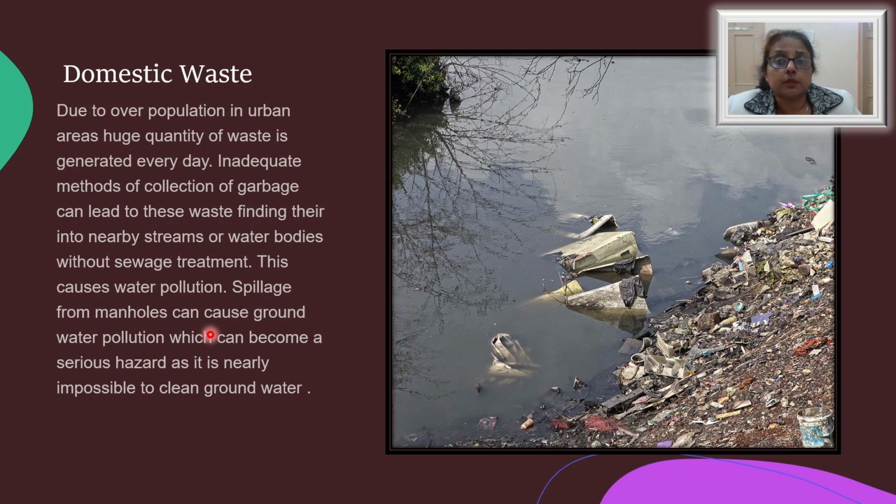Spillage from manholes can cause groundwater pollution, which can become a serious hazard as it is nearly impossible to clean groundwater. So, all these are a very serious threat to mankind because when there is a spillage from the manholes, especially dirty water oozing out, it is very likely that it can enter the groundwater table.